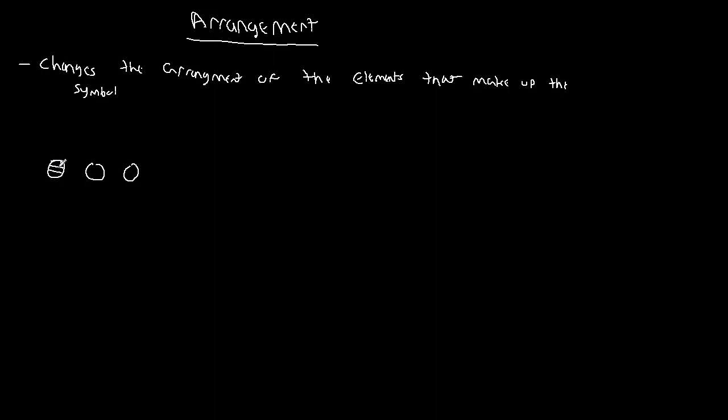So 1 dark region, white line, 2 dark regions, white line, 3rd dark region. Right? What we can do is change the arrangement. So we could have 1 white line, 1 white line, and all 3 dark symbols in the middle. Or we could have white line, all 3 dark symbols underneath.